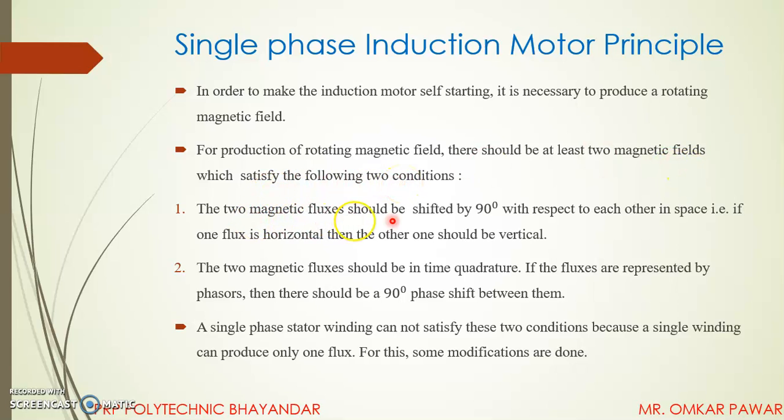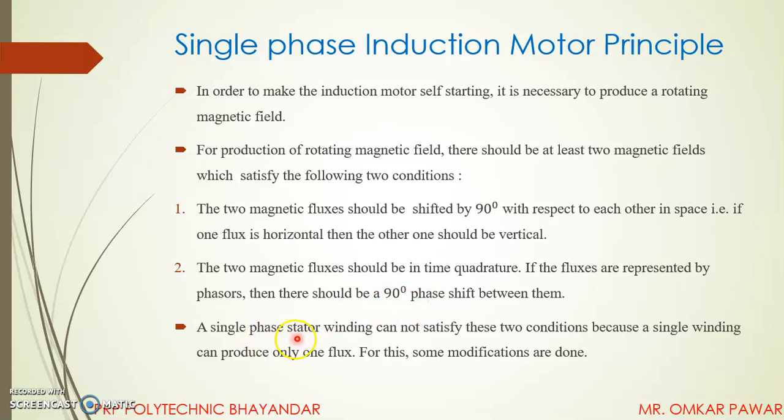First, the two magnetic fluxes should be shifted by 90 degrees with respect to each other in space. That is, if one flux is horizontal, then the other one should be vertical. The second is that the two magnetic fluxes should also have a 90-degree phase shift in time.